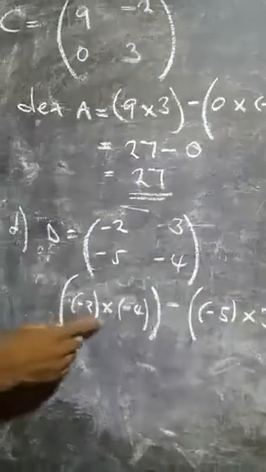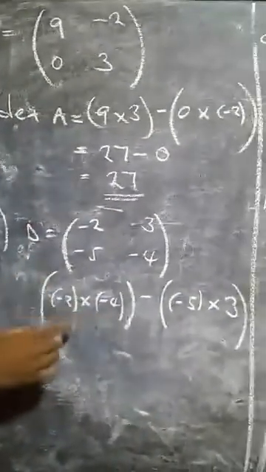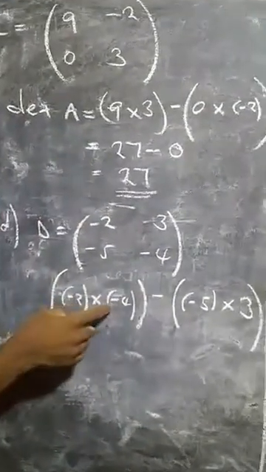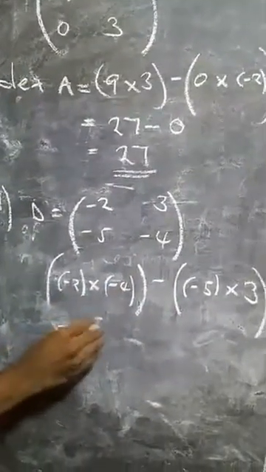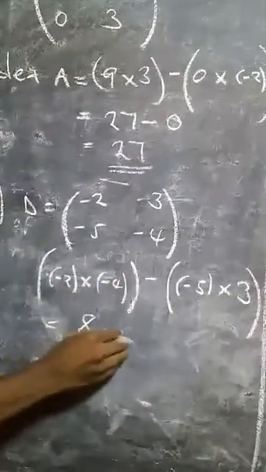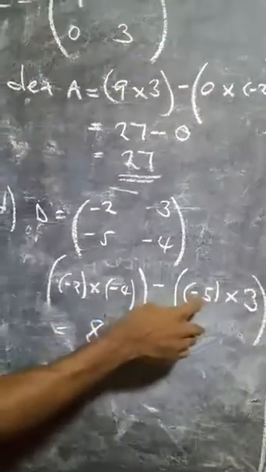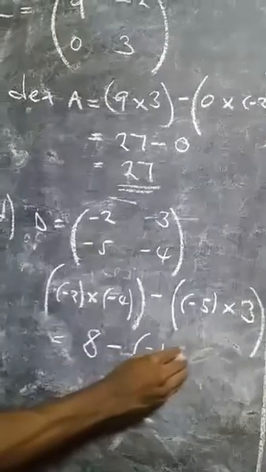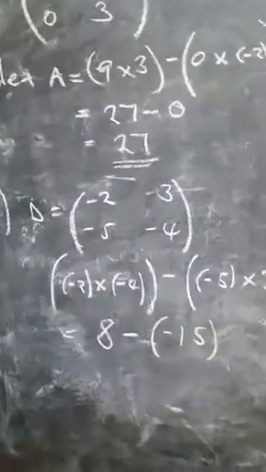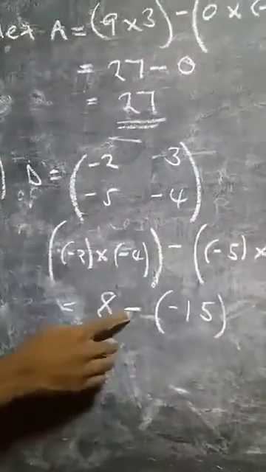Negative times negative is positive. 2 by 4, that's an 8. Positive 8, of course. Minus negative 5 by 3, that's negative 15. So there's a negative here.